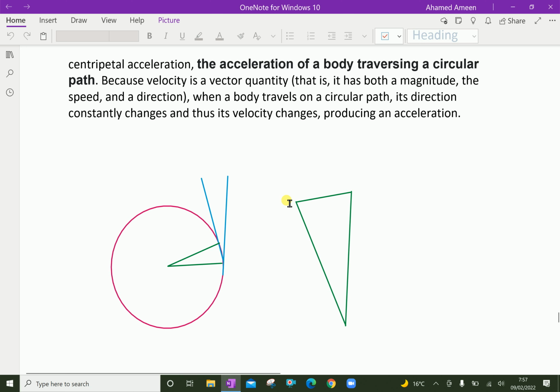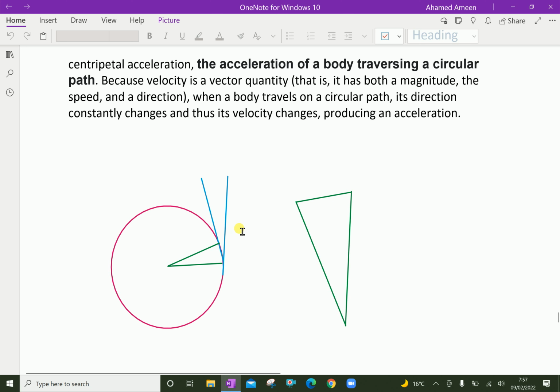The velocity of the body is continuously changing due to the change in its direction. Therefore, according to Newton's law of motion, an external force must act continuously upon the body to produce a change in the direction of the moving body.